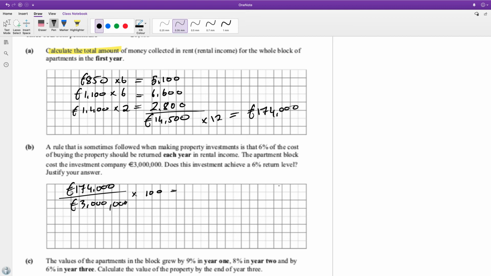And what are we getting? We're getting 5.8%. So does she make it?